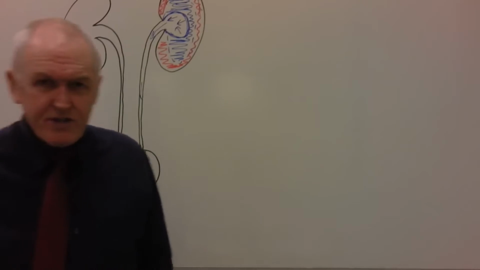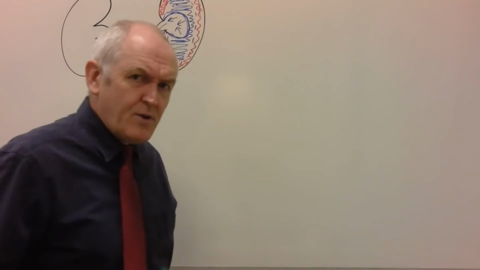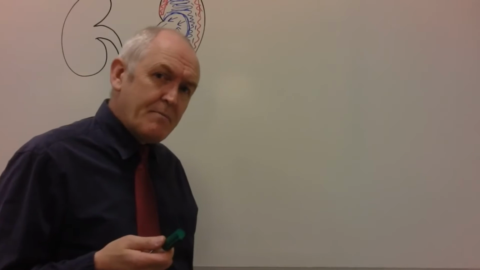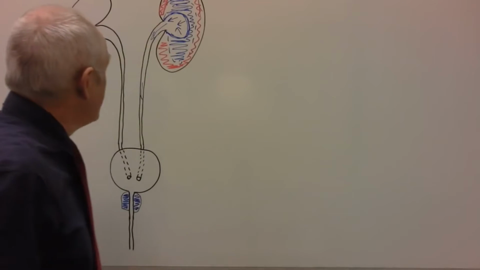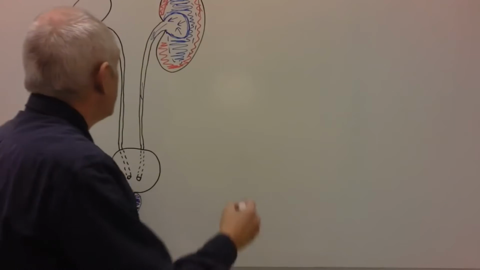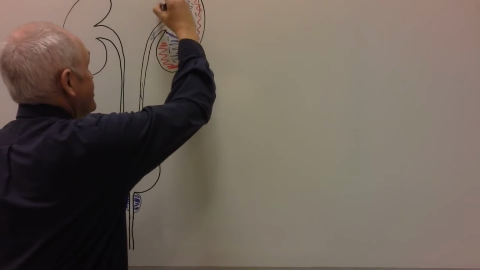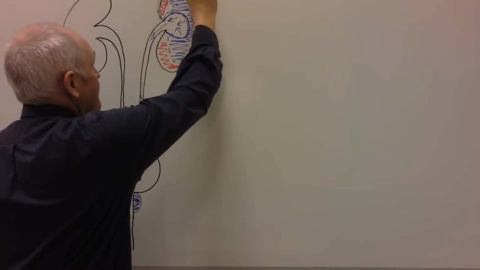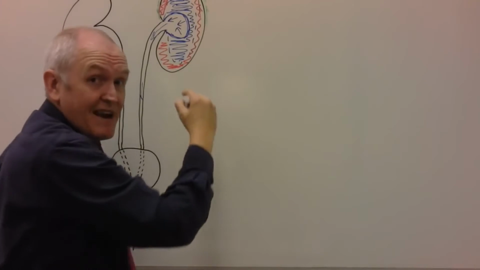Now, you've probably noticed from experience that if anyone pokes you in the kidneys in the back there, it's really quite painful. Renal pain can be very extreme pain. And this is primarily because round about each kidney there is a renal capsule. So the renal capsule is a layer of fibrous tissue that surrounds each kidney.